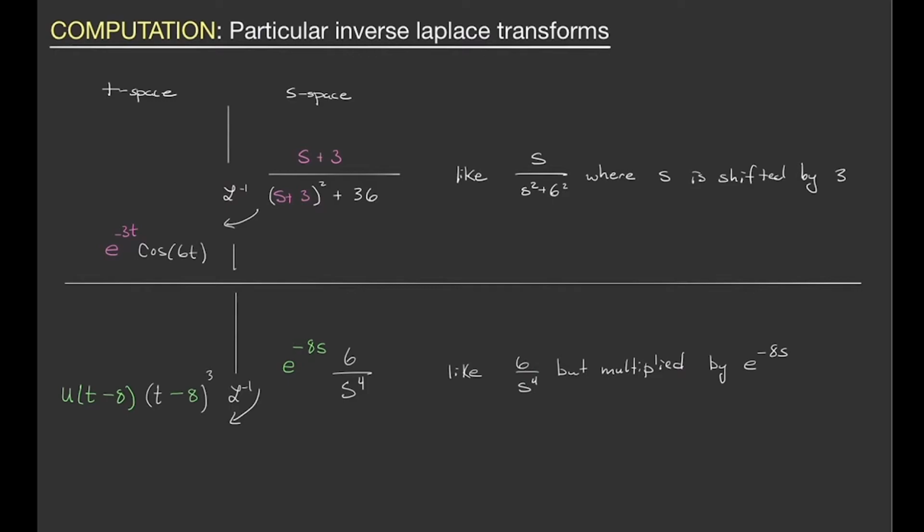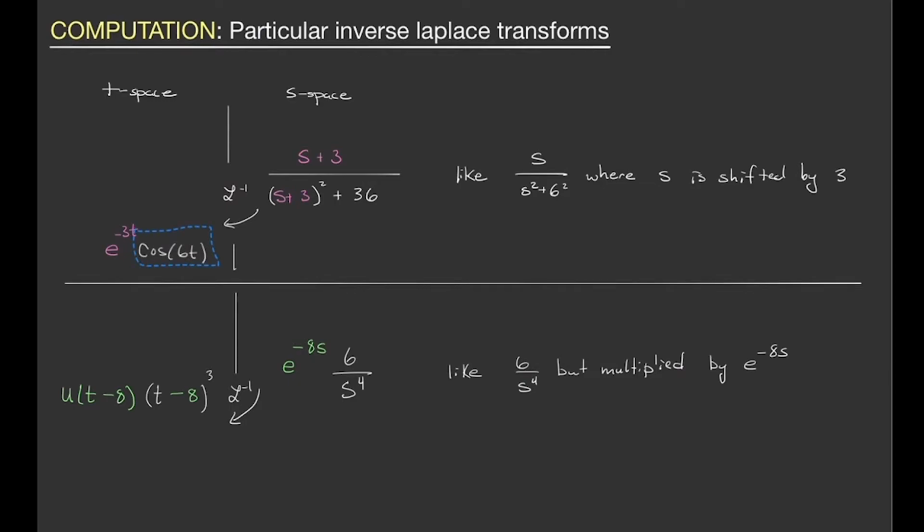If you start with an exponential times, let's say, a cosine, that has the effect of taking the regular Laplace transform and shifting it by an amount equivalent to this value. Likewise, going backwards, if we have the Laplace transform of something, but we notice there's just a shift in it, that means that there was an exponential here multiplied by that function.